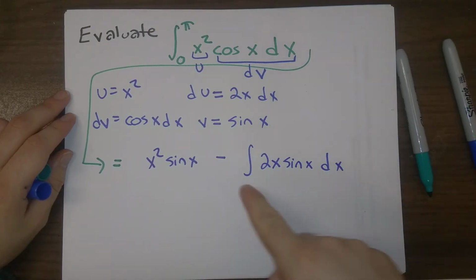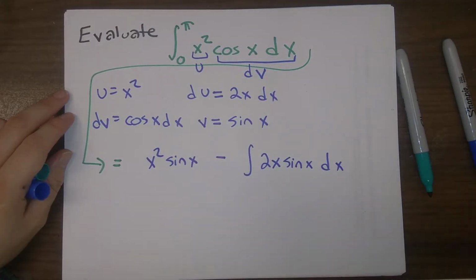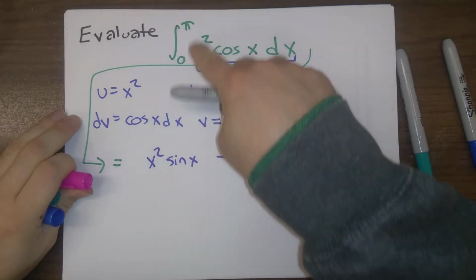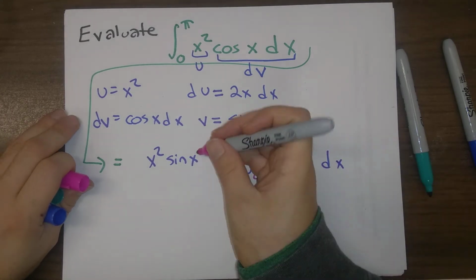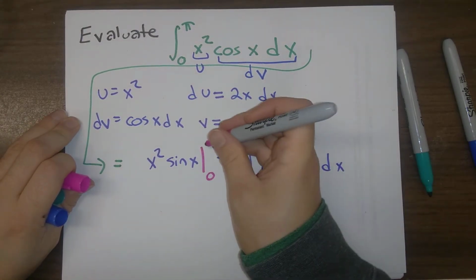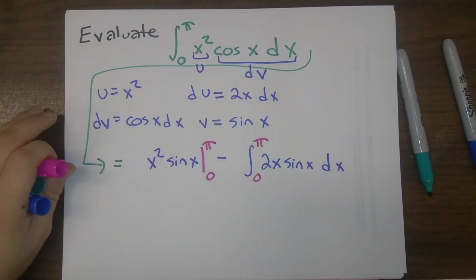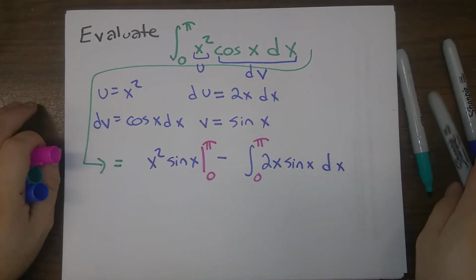But what am I missing here? I have not yet put on the bounds. So the bounds here are 0 to pi, so we have to put on the bounds here as 0 to pi. And also right here, we have to evaluate this between 0 and pi.